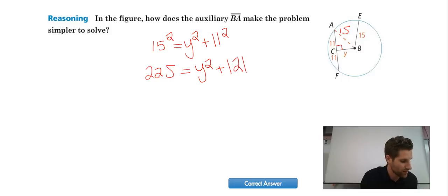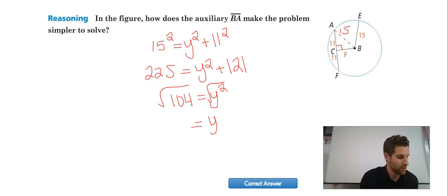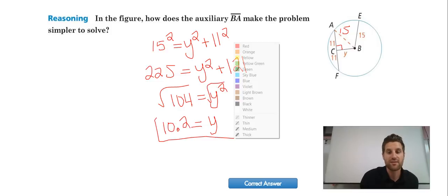Subtract 121 from both sides, and we get 104 equals y squared. And take the square root of said number, and we can actually get that as a decimal. Now, it didn't ask us to actually solve this, but we're solving it anyway. And the square root of 104 will give us 10.2 if we round to the nearest tenth.